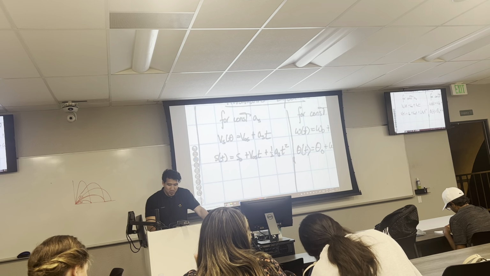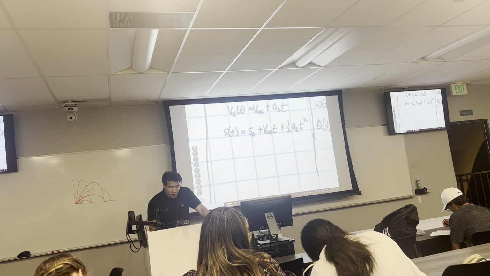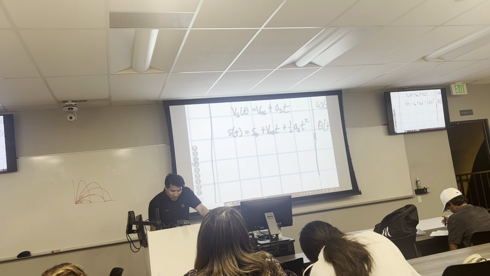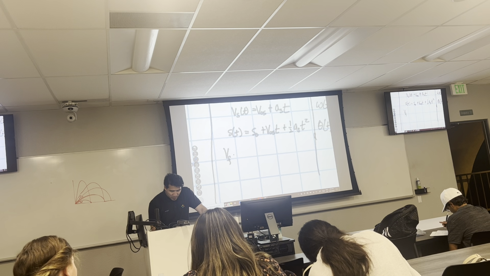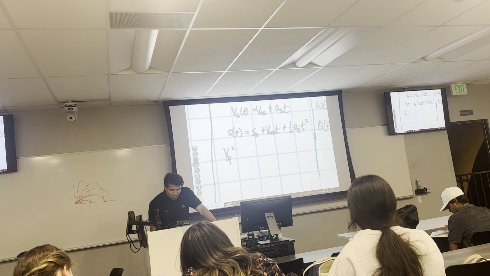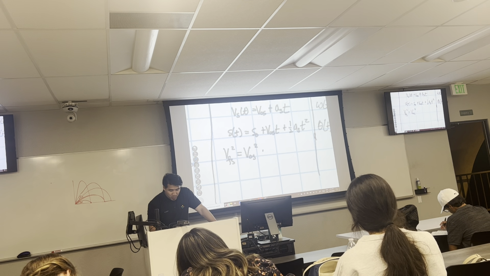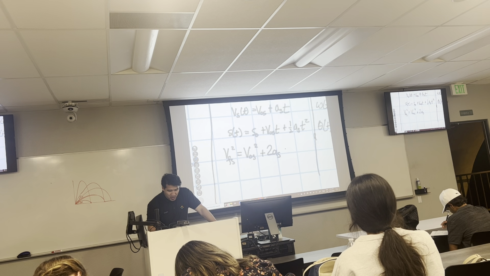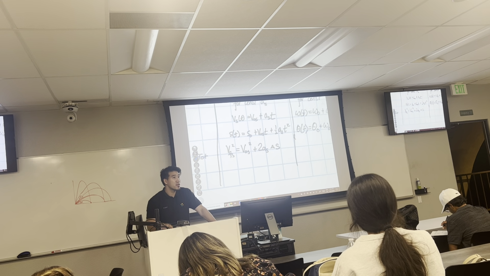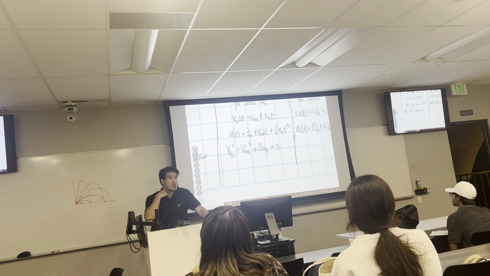Likely, if you looked at some of the problems in the example, you may have seen these other equations as well. You would have VF squared is equal to V naught s squared plus 2AS delta S. Did your textbook use this equation ever? Anybody ring a bell?